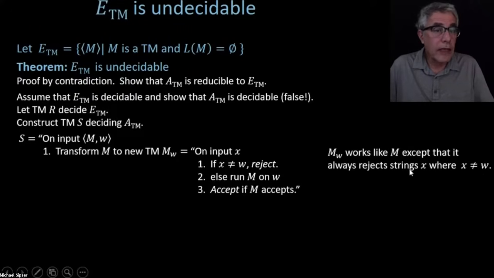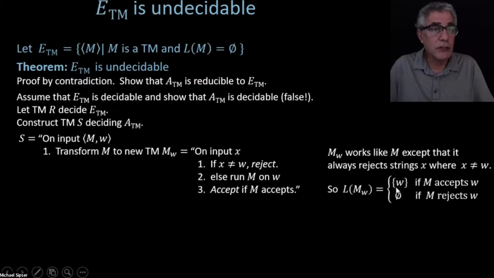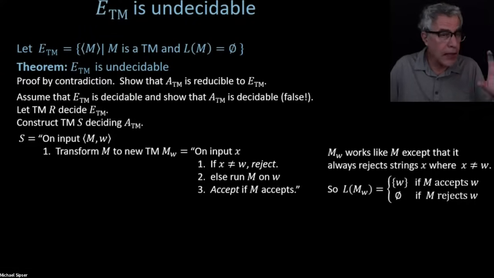At the very first step, it tests whether X is equal to W or not, and if it's not equal to W, it rejects. So the language of that new machine is either just the string W when M accepts W, because everything else is filtered out, or the empty set if M rejects W. Got it? It's important that you understand the behavior of this new machine.